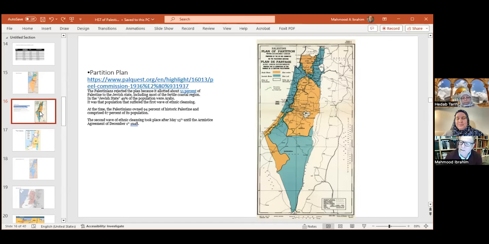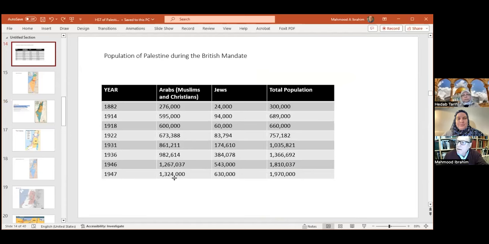And I mentioned once again that the partition had given the greater area of Palestine to the Jews. The numbers are here again: the Arab Muslims and Christians were, by 1947, 1,324,000. The Jews, through migration, only 500,000 or 630,000.